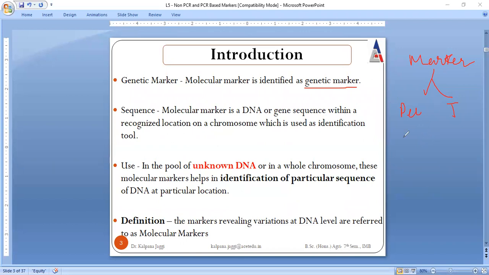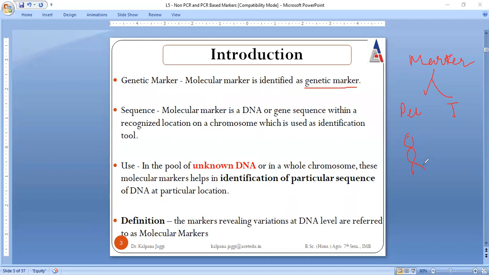But when we talk about molecules, we talk about the genetic content. That means this molecular marker is identified as a genetic marker. And when we say genetic marker, where comes the term genetic? There comes DNA.